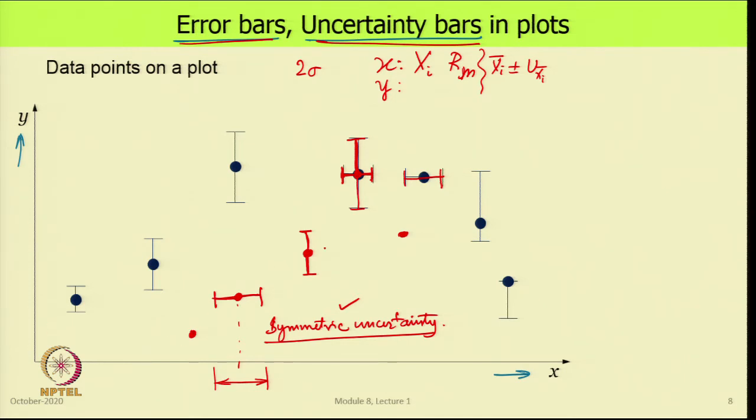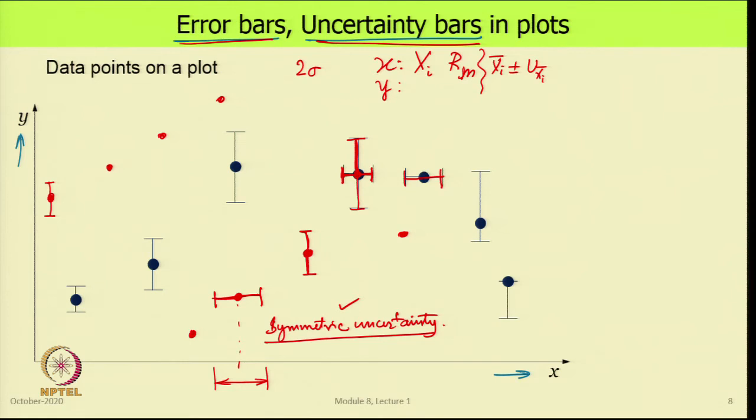Then in a plot, we could have many points, and two situations can arise. That all the points have the same uncertainty, and let us say for the time being that as we have done in regressions, uncertainty in x is very small. So, we will not show it. So, we will only show uncertainty in y, which becomes this.